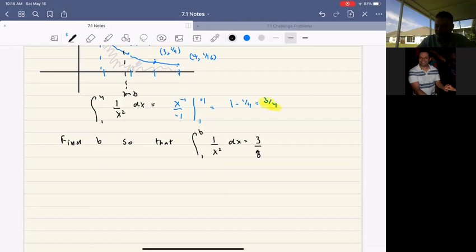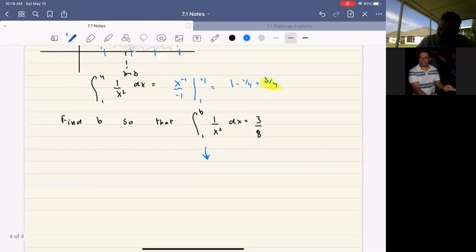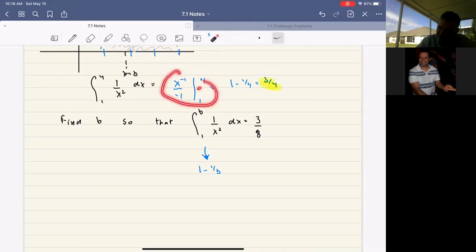Okay, so that means this is going to be what? 1 minus 1 over b. Doing everything the same, just putting a b in there for 4. Equals 3/8.